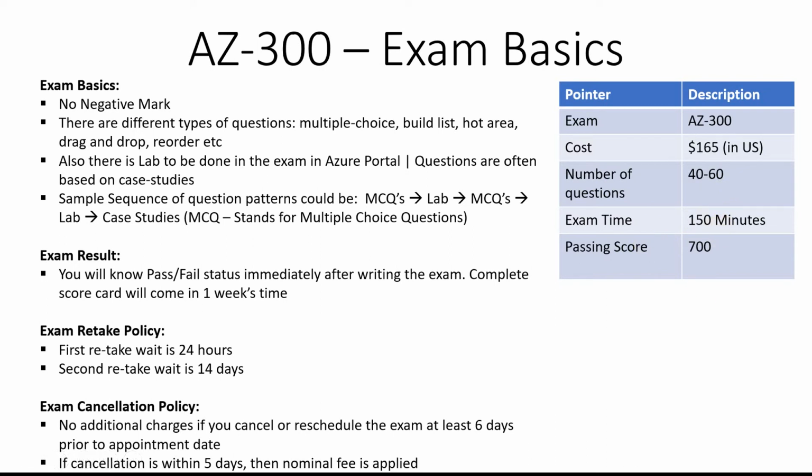There is no negative marking. The questions are not always multiple choice. Some of them are multiple choice, and some of them are lab, which means you have to do a lab exercise in this exam.